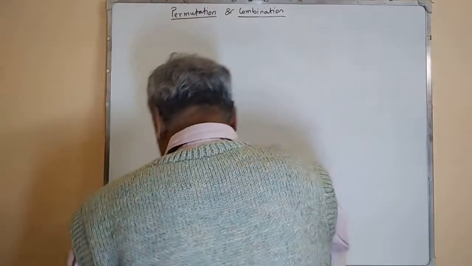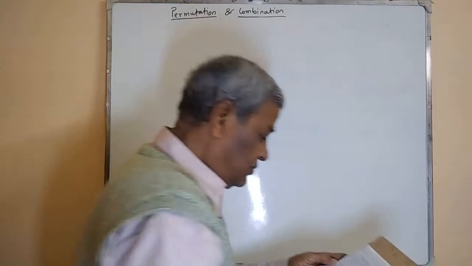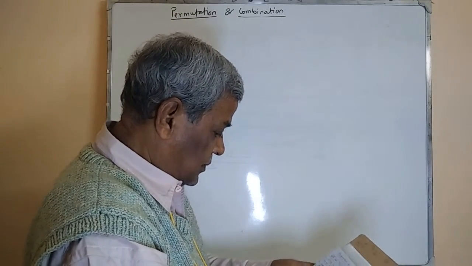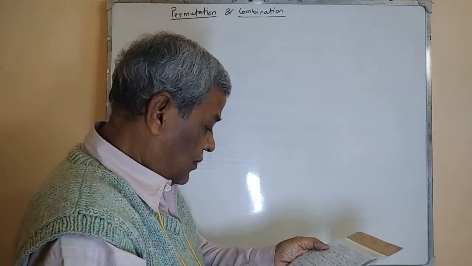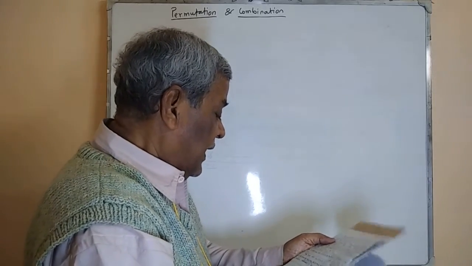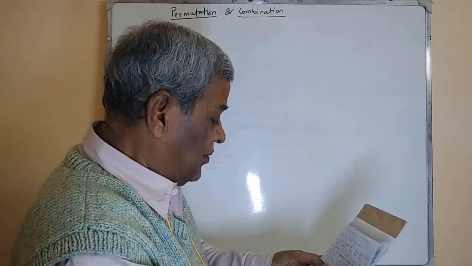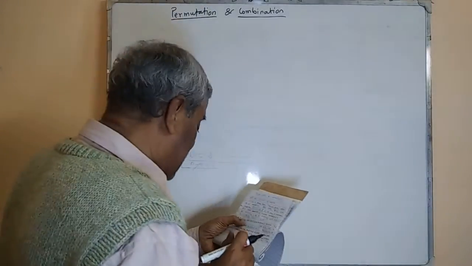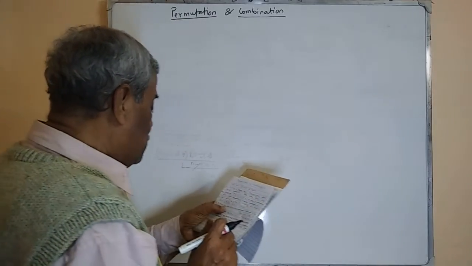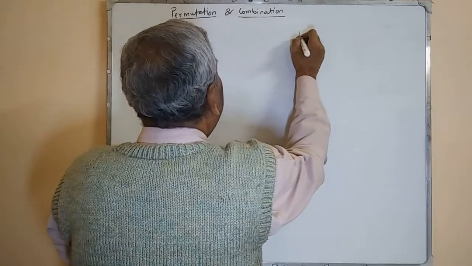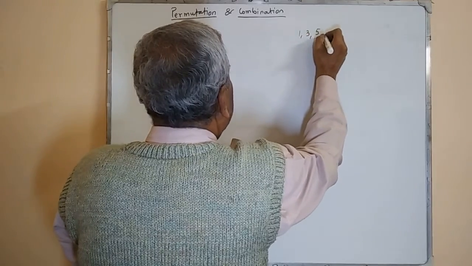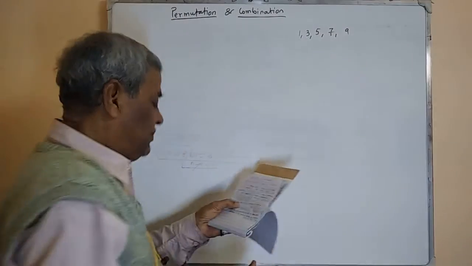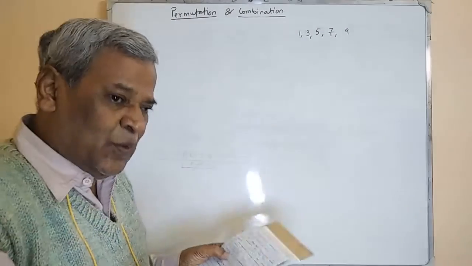For that purpose, take one example. A 4-digit number divisible by 5 is to be formed by using 1, 3, 5, 7 and 9. No repetition is allowed.